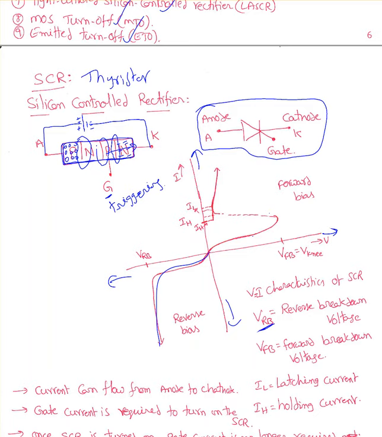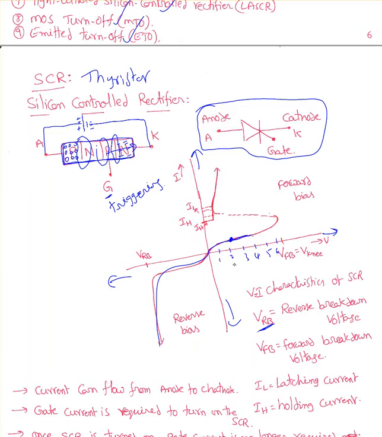As long as you start applying the voltage, unless I give the gate voltage, it will not trigger. Say I apply the gate voltage right here. The X-axis represents the voltage: 1 volt, 2 volt, 3 volt, 4 volt, 5 volt, 6 volt.